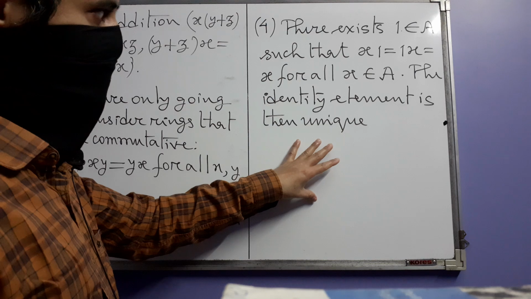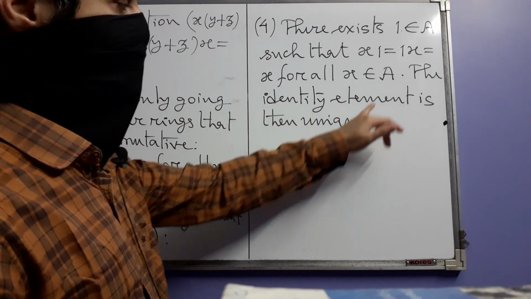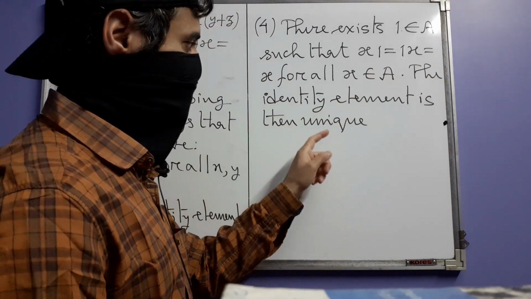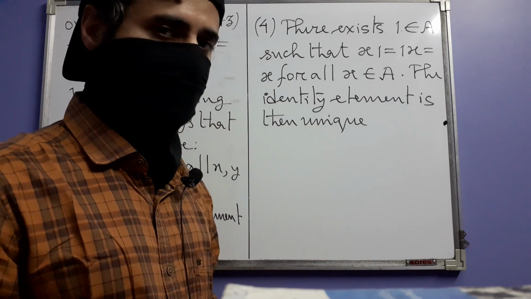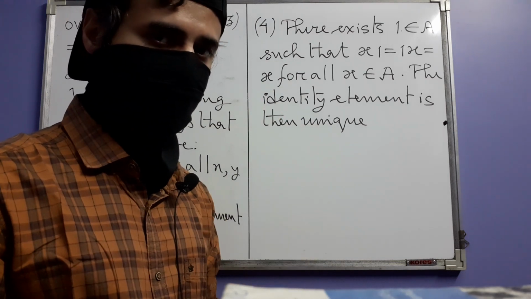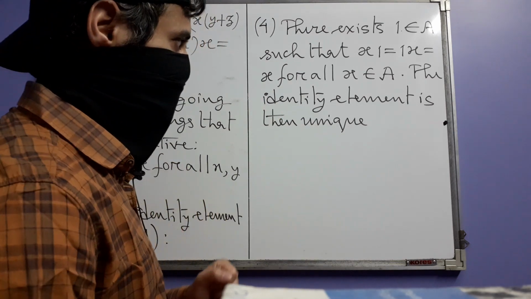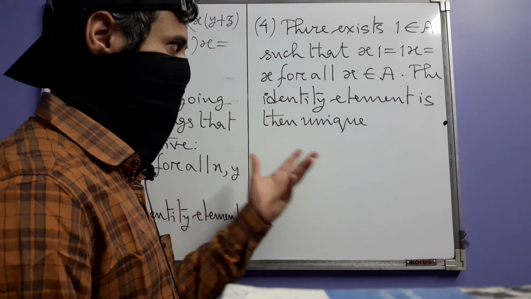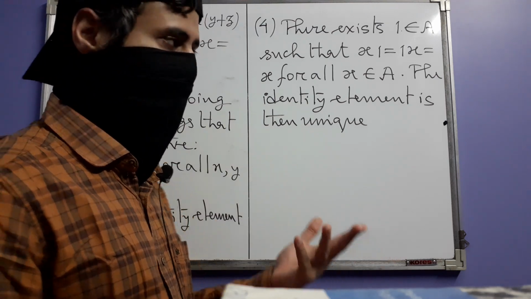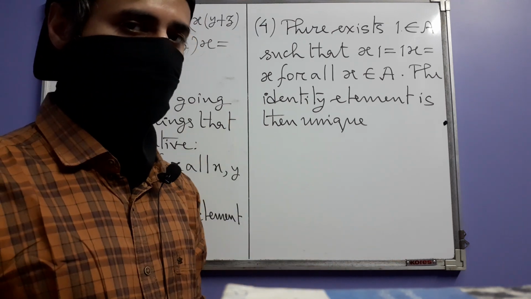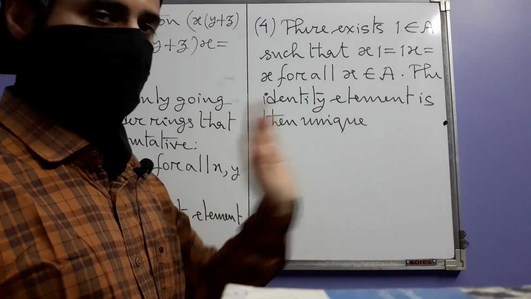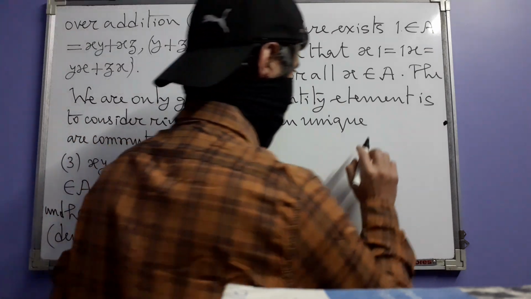Although we have already seen in ring theory how an identity element is unique when it exists. I mean, when we studied ring theory in Herstein's Topics in Algebra, there itself at some part I showed it, but I can't remember clearly. So that is why let us see now again how this is unique.